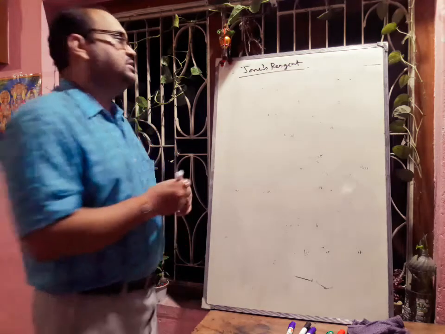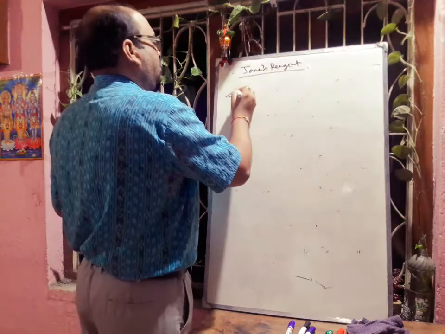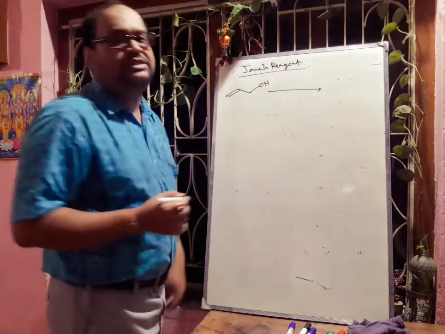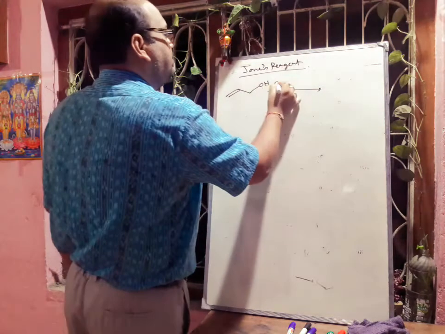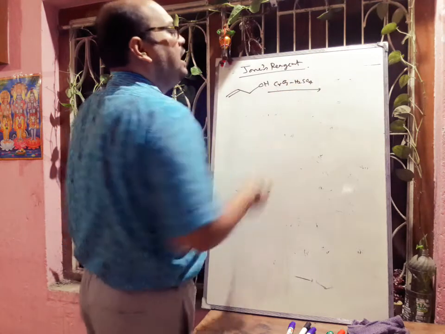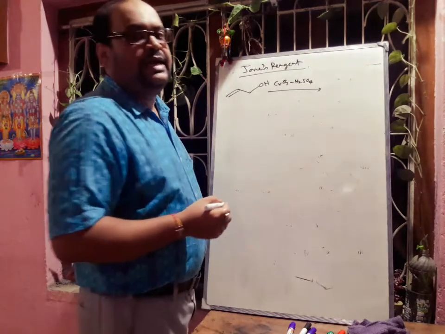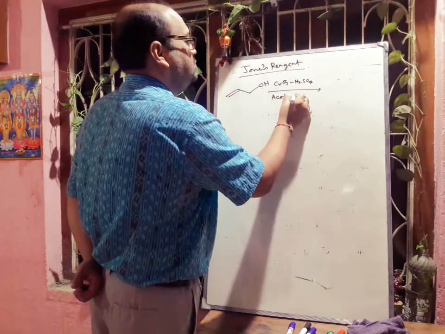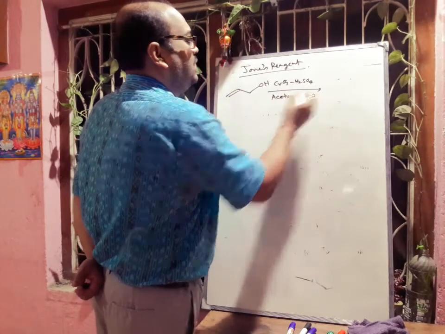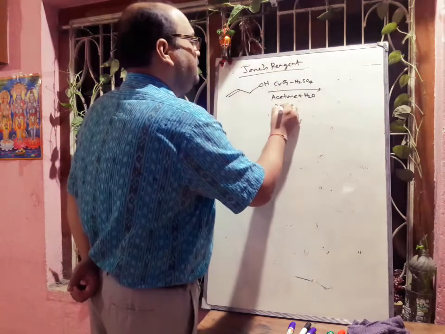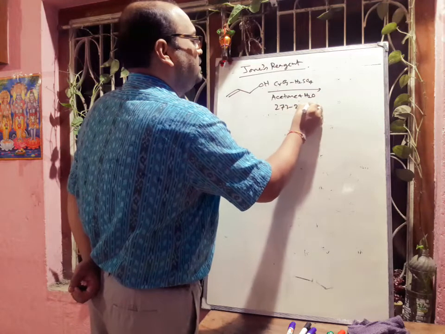Suppose we take one allylic alcohol and use this Jones reagent, that means chromium trioxide sulfuric acid mixture, and here we take an acetone and water mixture as the solvent, and the temperature we can keep at 273 Kelvin to 293 Kelvin.